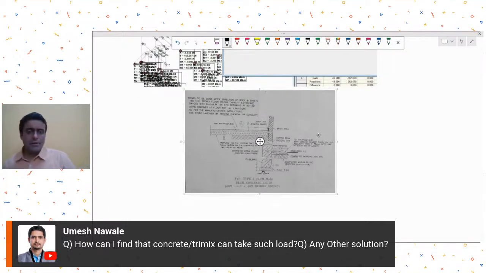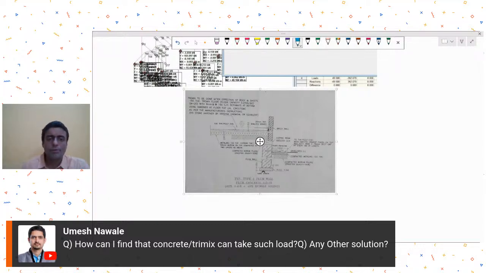Premix is nothing but a mechanized process where the concreting is happening, and we are taking out the extra water from the cement concrete mix, and then on the top we also add some floor hardener. So that is usually called a premix floor, generally used in industrial floorings.